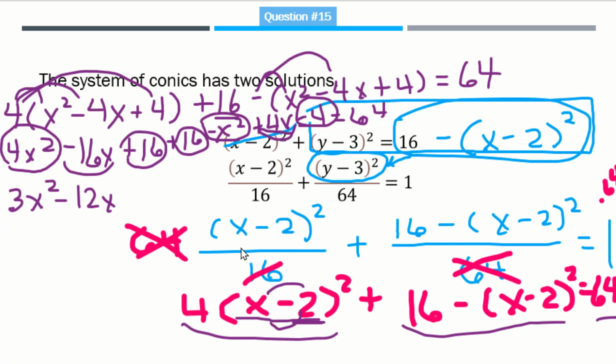Let me get my calculator out here. I'm just double checking to make sure I did that last part right. Negative 16x plus 4x is negative 12x. Okay, I did that right. Okay, 16 plus 16 is 32 minus 4 is 28.